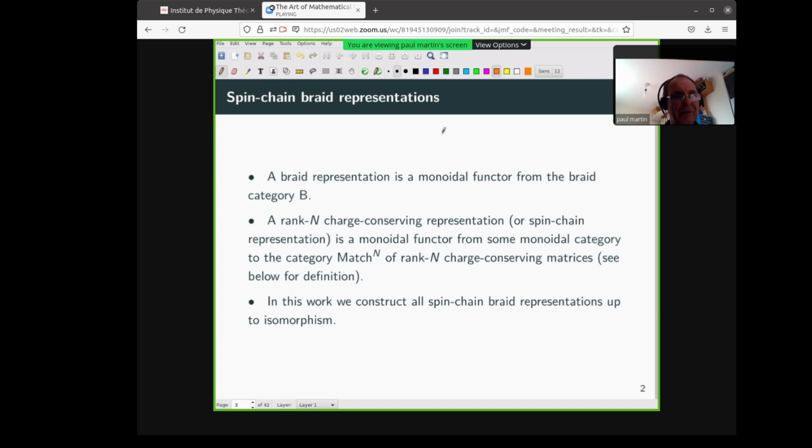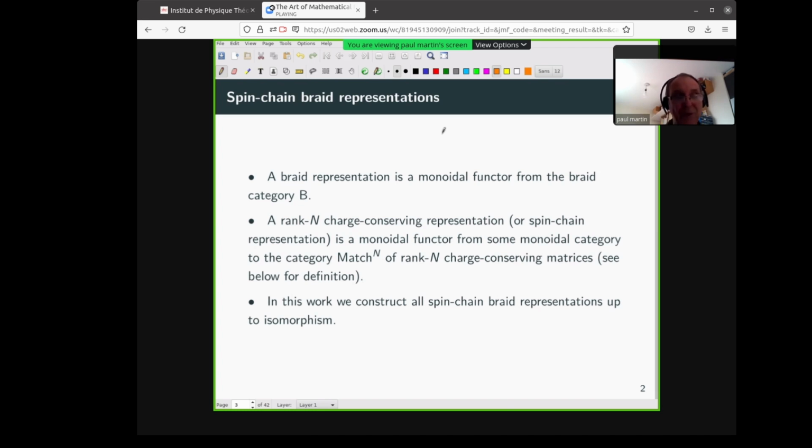It's going to be what you think, but I will do that in a suitable idiom. A rank n charge conserving representation or spin chain representation is a monoidal functor from some monoidal categories, such as B, to the category Match n of rank n charge conserving matrices. And again, I will tell you what that category is in a minute.